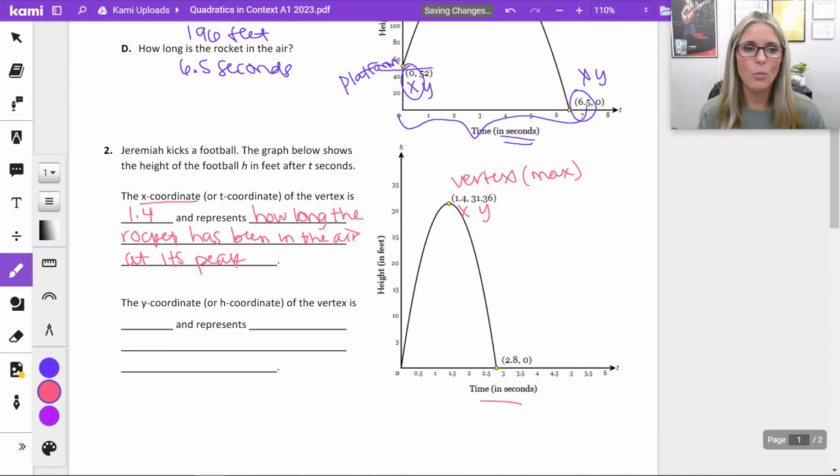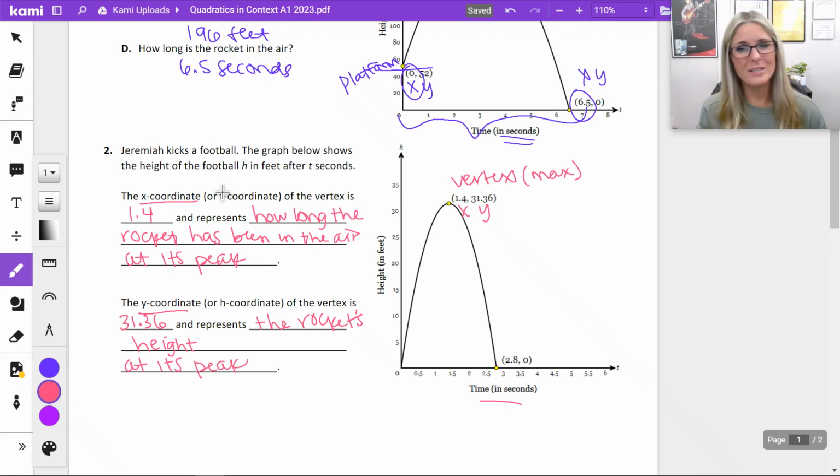Okay, second part, the y coordinate of the vertex is 31.36, and it represents the rocket's height, right? The y coordinate is for height. Where or when? Well, we're at the vertex or at its peak as well. Okay, so simple as that.